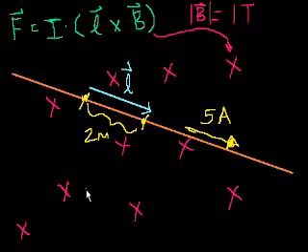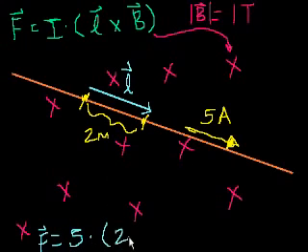So what's this going to be equal to? The force is going to be equal to, we're using all SI units, so we don't have to convert anything, 5 amperes times 2 meters in that direction. I won't specify it right now. We can say that's the magnitude of L. Actually, let me write it. 2 meters times the magnetic field, 1 Tesla.